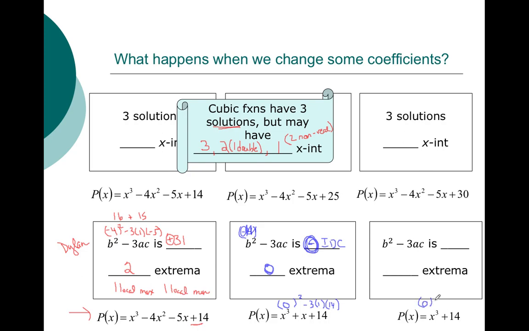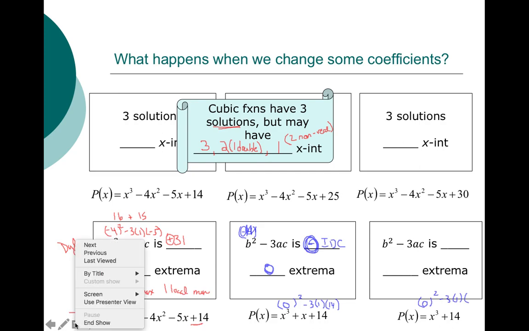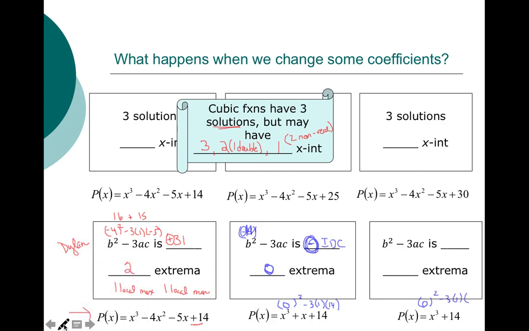So 0 squared minus 3 times a times, oh my gosh, I'm such an idiot. I hope you caught me on that. B squared minus 3 times a times c, this is not right. What did I do wrong? Can you figure out my mistake? This is supposed to be b squared minus 3 times a times c. C is just 1, right?